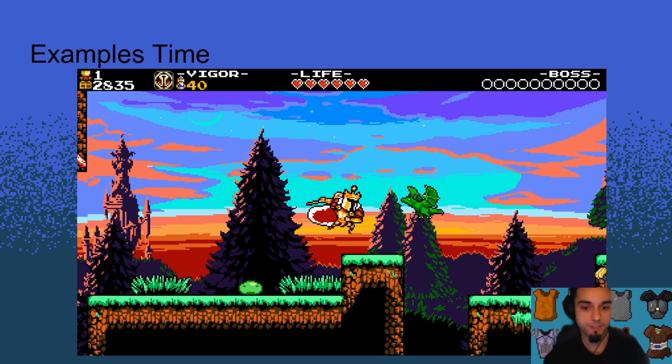Again, some practical examples. Let's say in Shovel Knight, we straight away see that the light direction is coming from this side because both the kingdom here and the pine tree here have these color highlights. We can also see that the background is consistent.